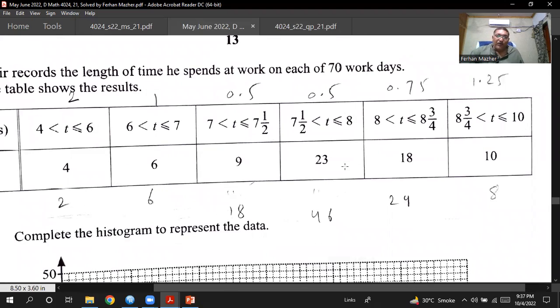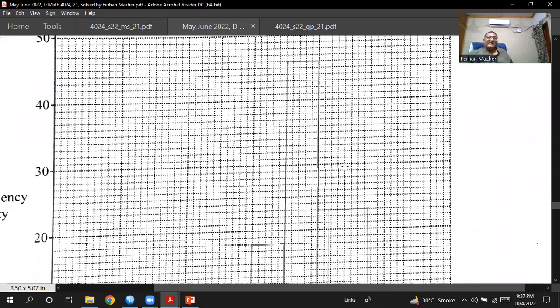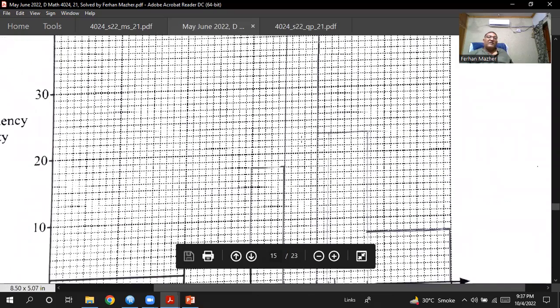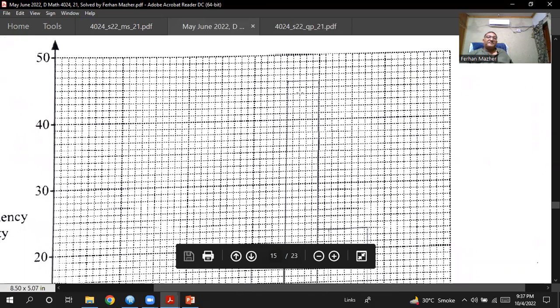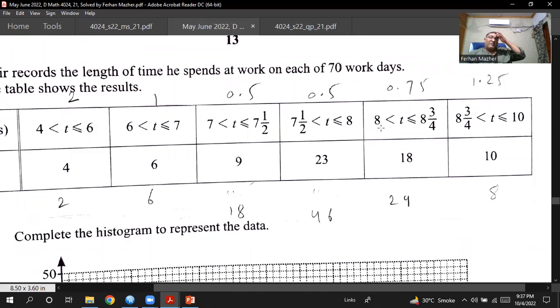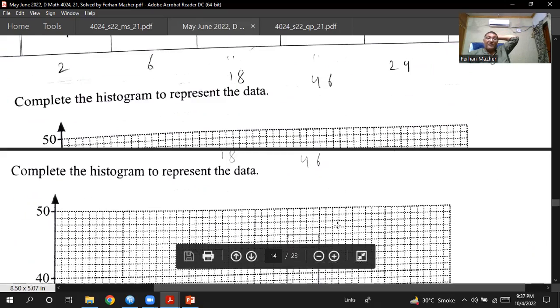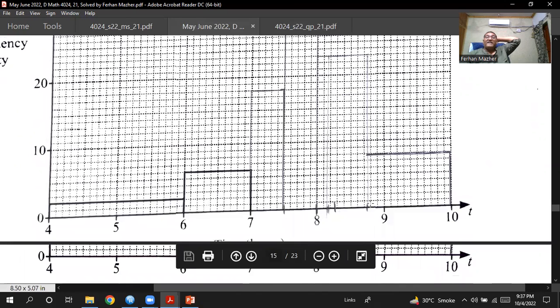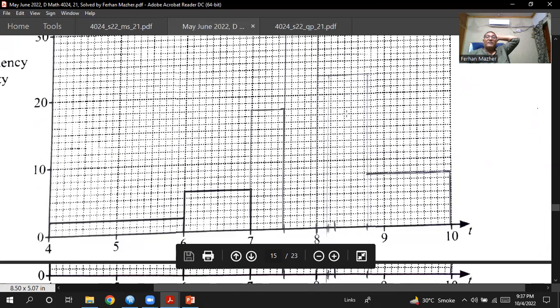From 7.5 to 8, the frequency density is 46, so this bar will go up to 46. From 8 to 8.75, it will go up to 24. So this is that bar.